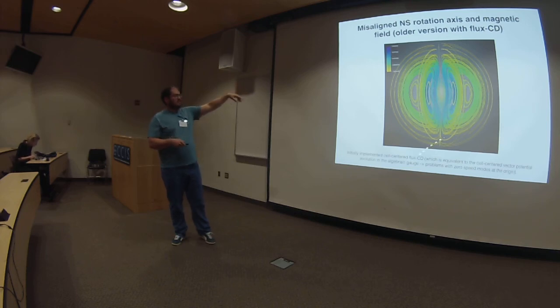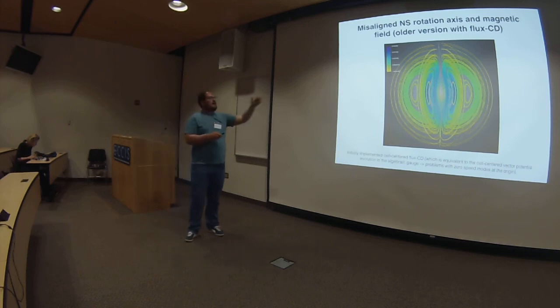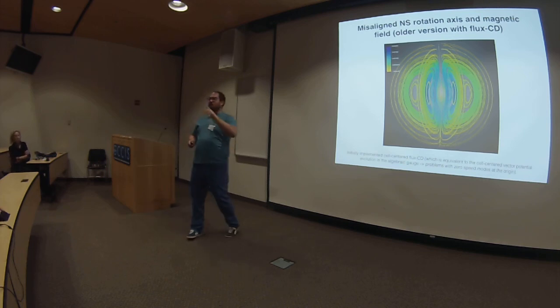So that is the older version, which didn't survive as long, but that is a full 3D simulation with the same model as before, BU2, which is mildly rotating. And the rotation axis of the star is initially aligned with the x-axis. So the star will rotate through the coordinate axis and would therefore drag the magnetic field with it through the axis.